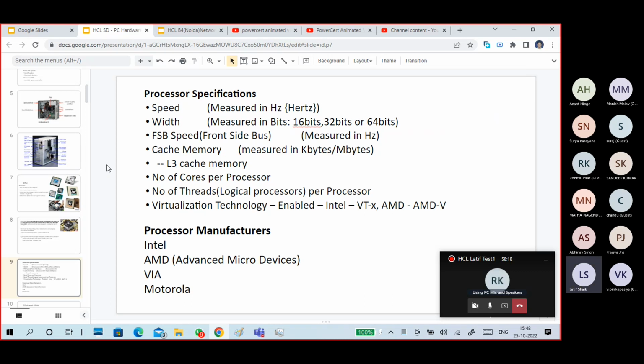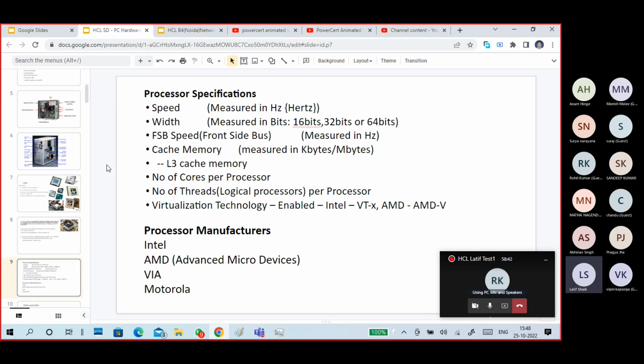And is the processor 32-bit or 64-bit? If your system is 32-bit, your processor is 32-bit, and of course your operating system is also 32-bit only. If your processor is 64-bit, it can execute 64-bit size instructions, guys.